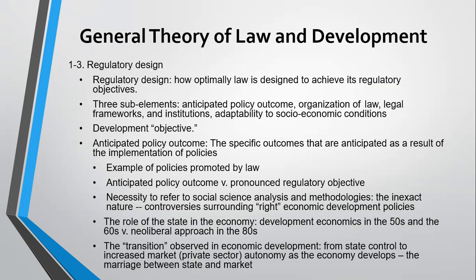So the pronounced regulatory objective in this case is to aid US households with their expenses during COVID-19, right? But what can be anticipated by this policy, the policy to give checks to US households?